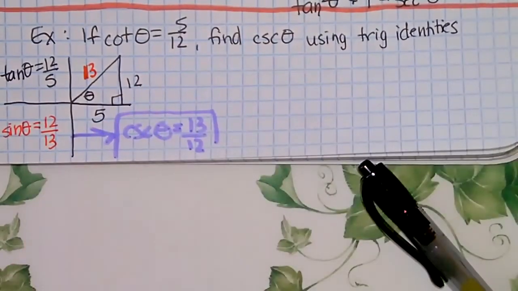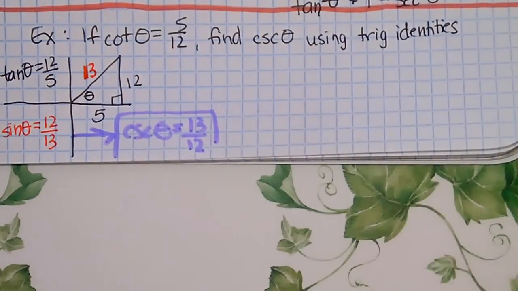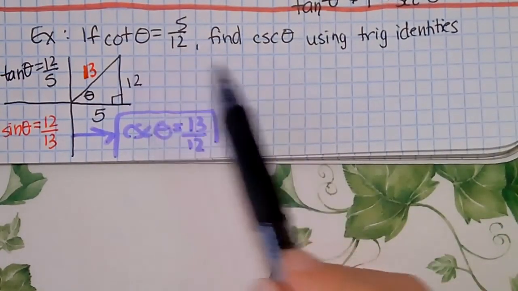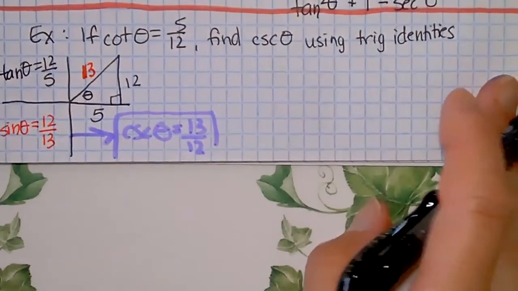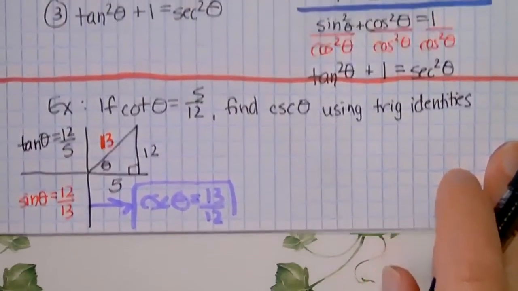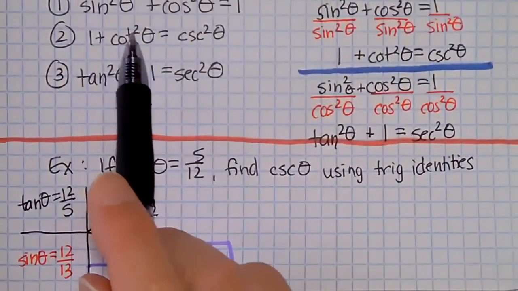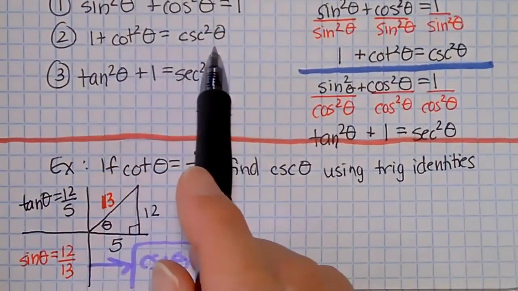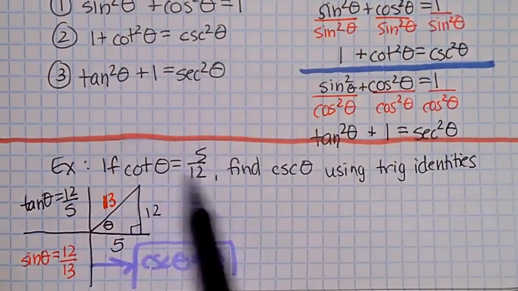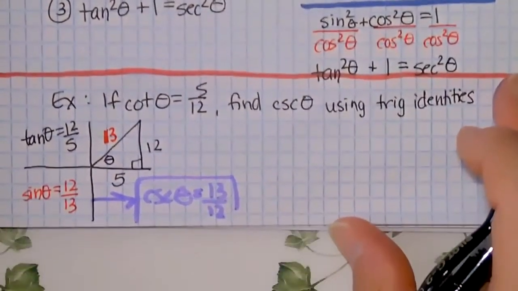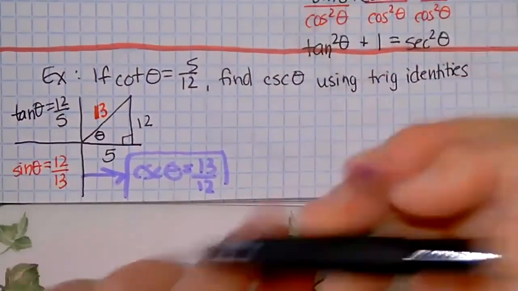That's how we have been doing it. Now I'm going to show us how to do it using the trig identities. Now you'll notice we have cotangents and cosecants. So you want to look and see, well, do we have any trig identities dealing with those? Right here. 1 plus cotangent squared theta equals cosecant squared theta. So you see I've got cotangents, cosecants. Okay, so I'm going to use that one. Let me just write it here for us.